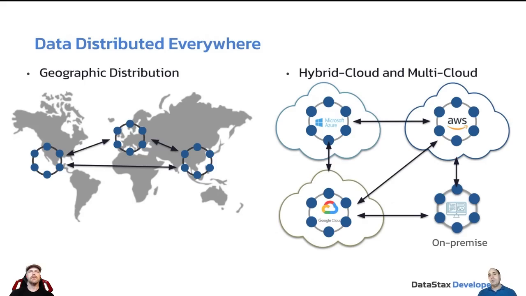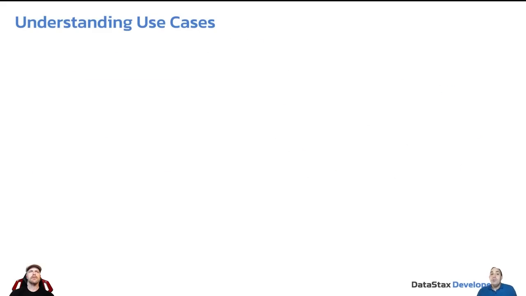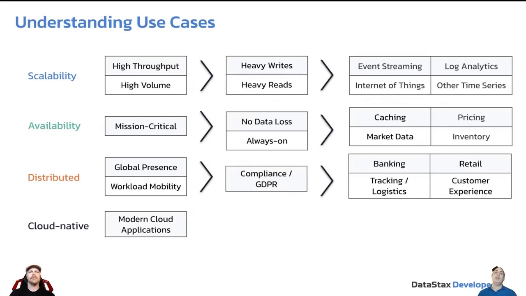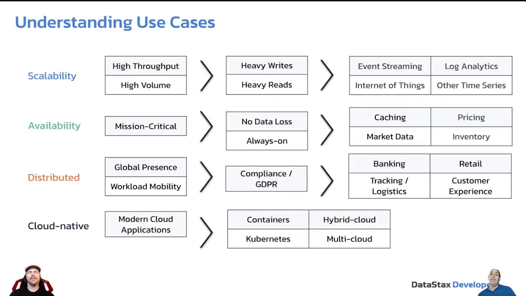So that brings us to the use cases of Cassandra. If you cross somebody in the street and say, hey, Cassandra, NoSQL distributed database, you can use that to do event streaming, Internet of Things, log analytics. Why? Because those use cases really need heavy reads or heavy writes, and it will leverage the scalability.